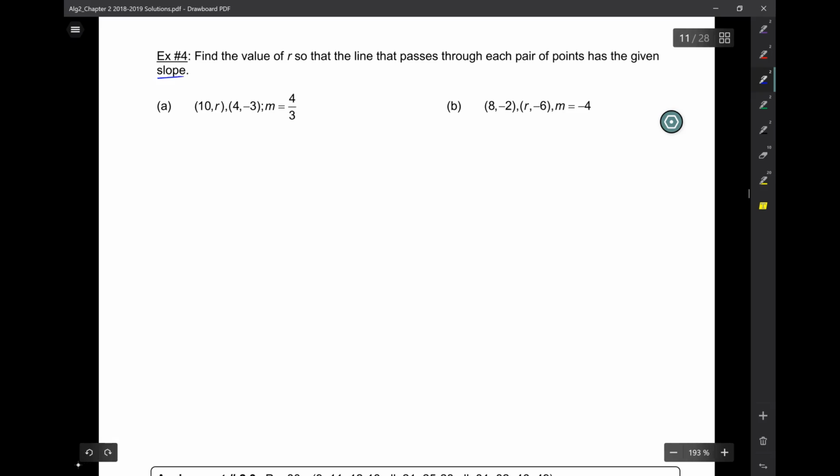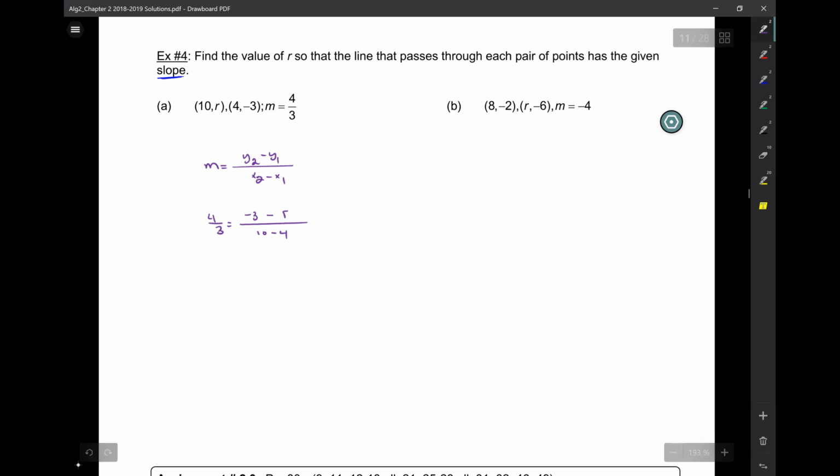Okay, if we're working with slope, I start with the formula for slope, right? That's y2 minus y1 over x2 minus x1. And same thing, I plug in everything that I have. M is 4 over 3, is y2, minus y1 is r this time, over 10 minus 4.